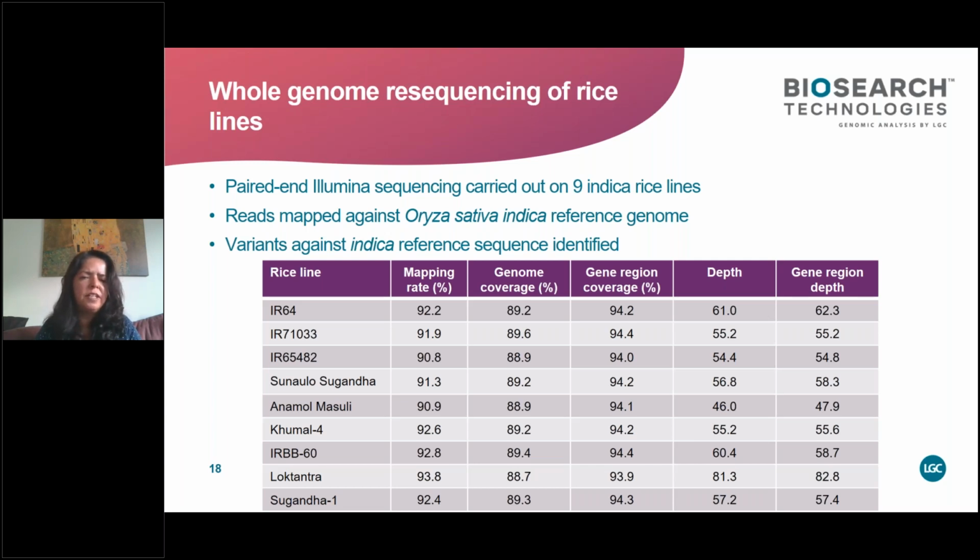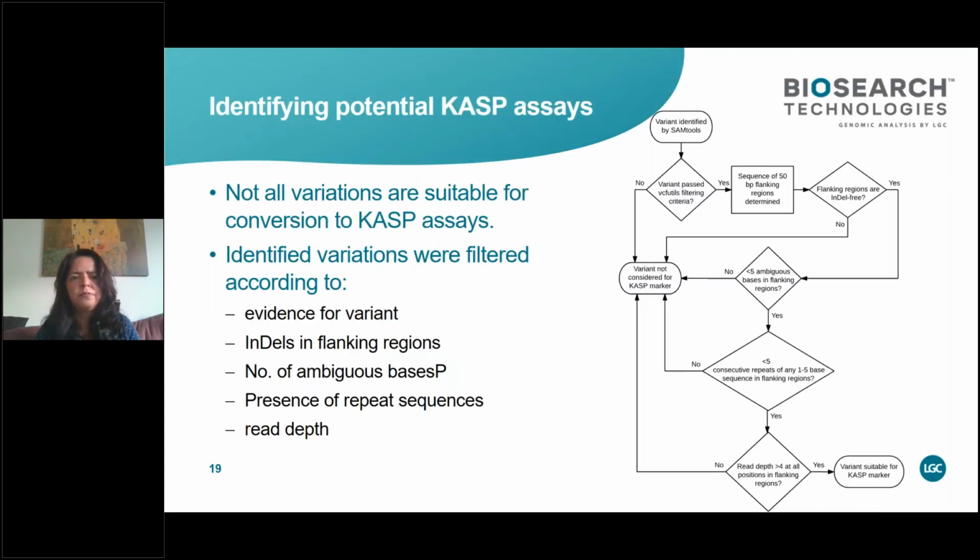Having all this data, we then had to develop a pipeline which could identify good KASP markers. As we all know, not all SNPs are conducive to the development of KASP assays.